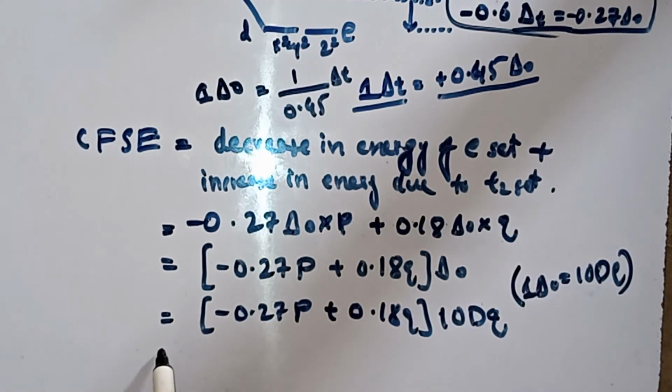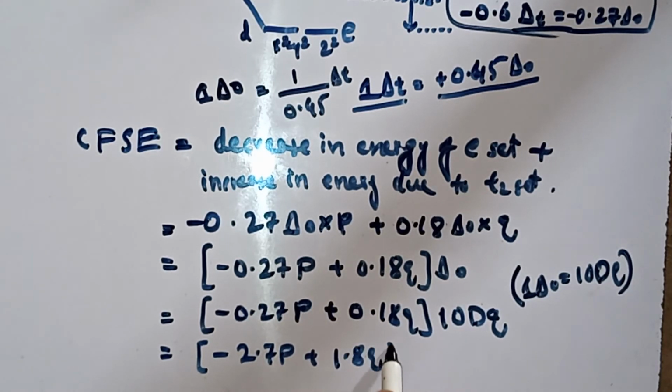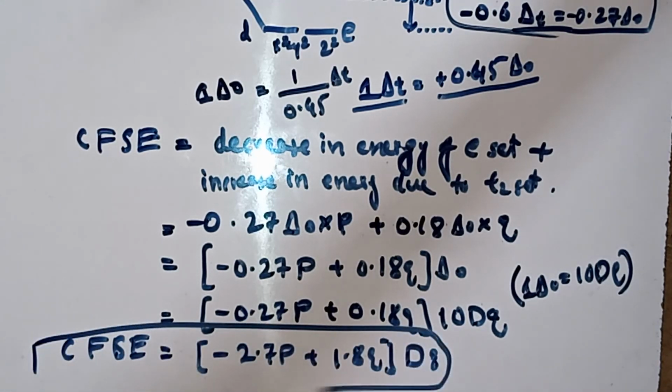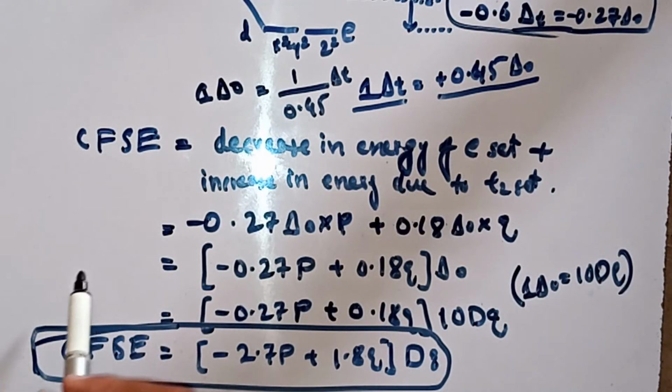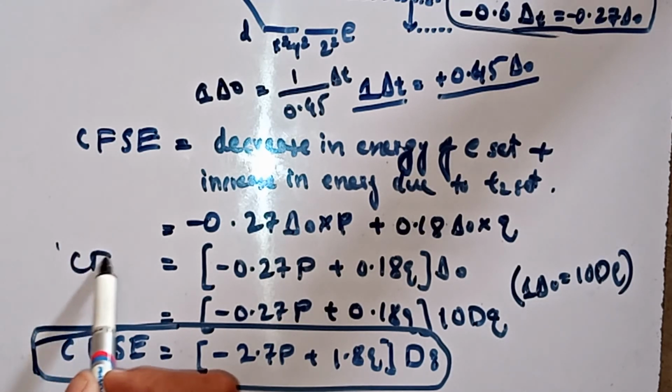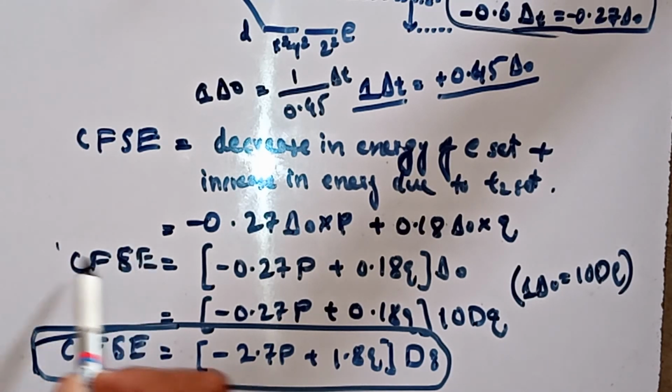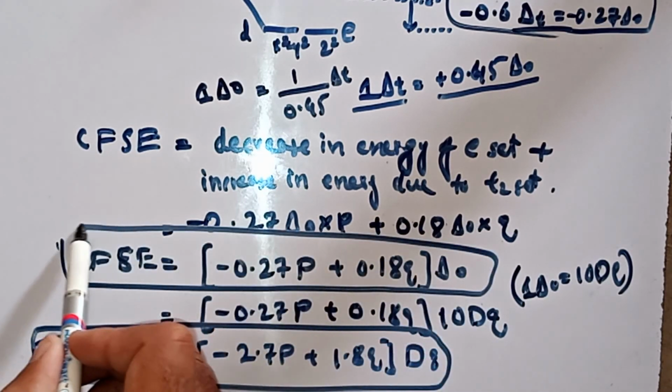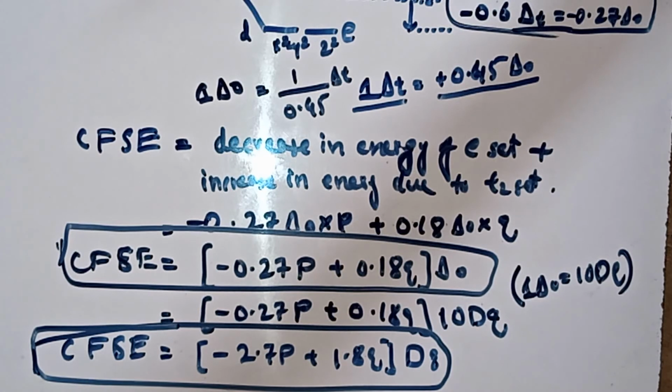So we can write this equation as minus 2.7 P plus 1.8 Q Dq. This is the crystal field stabilization energy in a different form. Is that clear? You can calculate crystal field stabilization energy for any system in the form of delta naught as well as in the form of delta t and Dq.